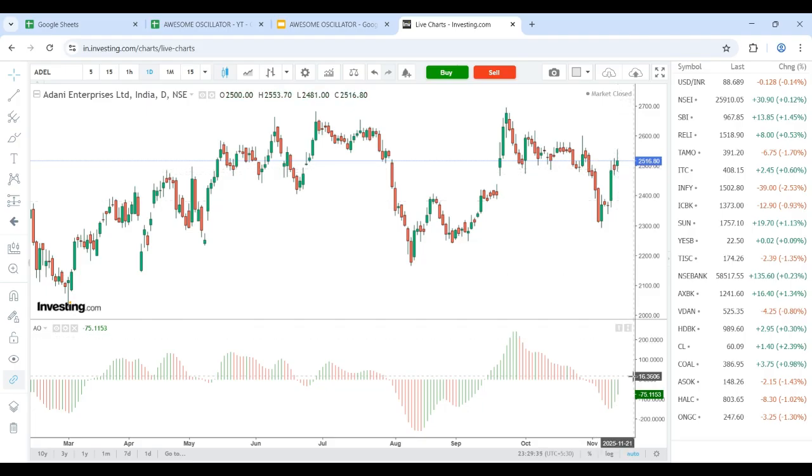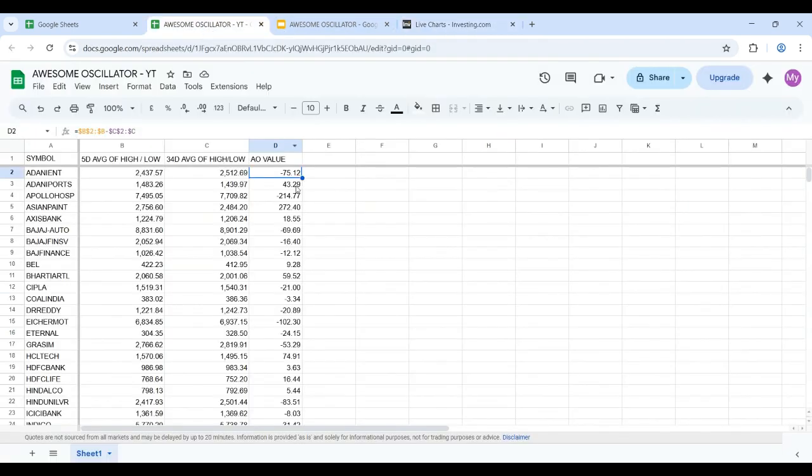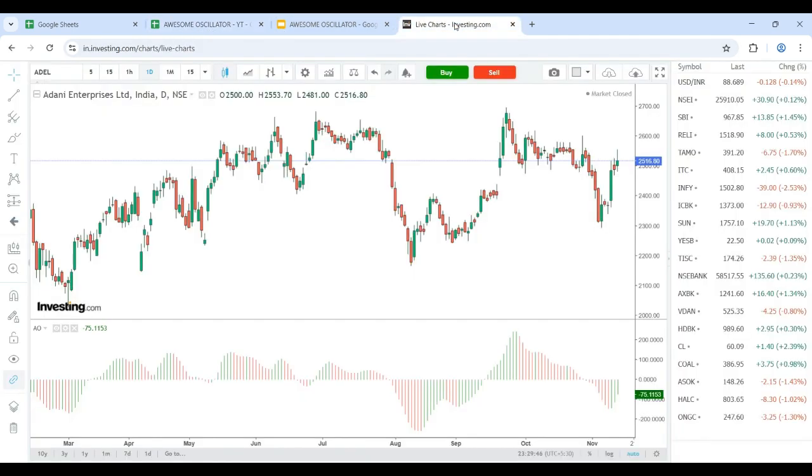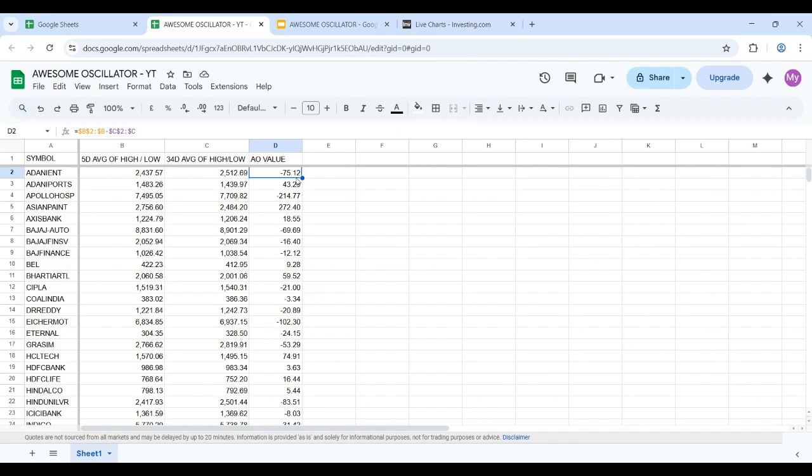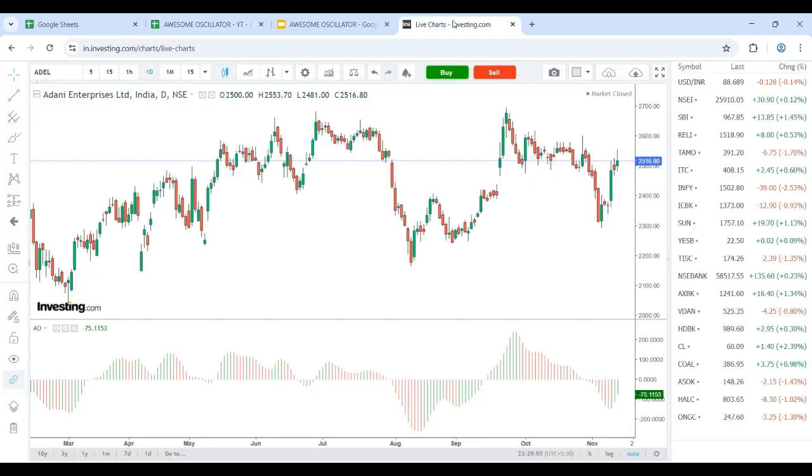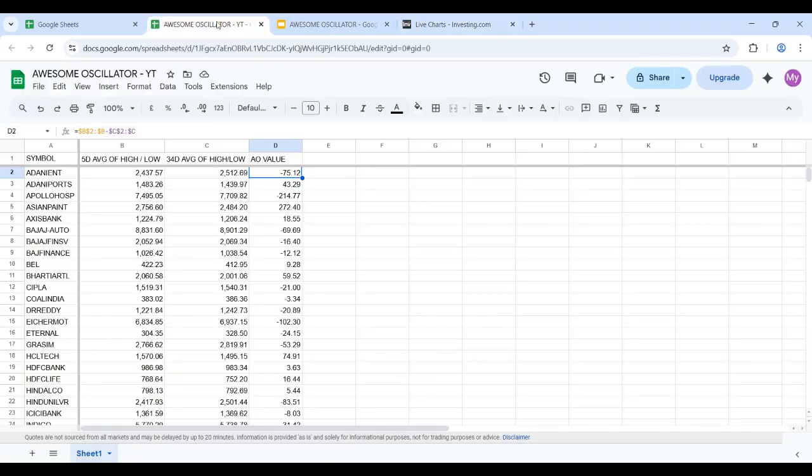Here you can see minus 75.1153, even close to minus 75.12. Okay. Here there are two decimals. Here there are four decimals, but otherwise more or less it's close. It's the same, 75.1153 something. Here 75.12.